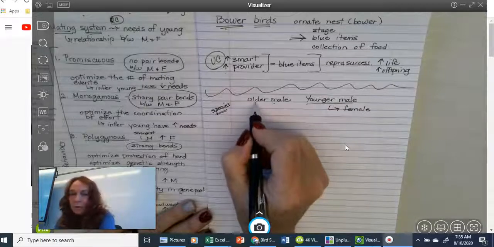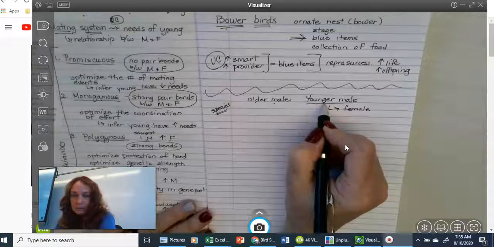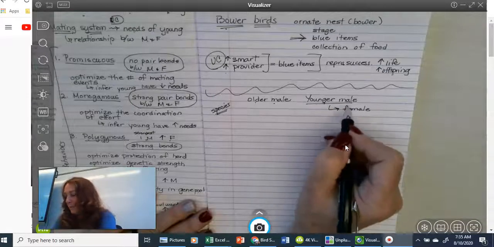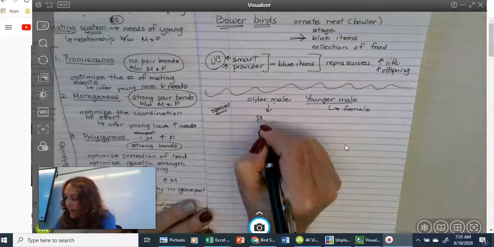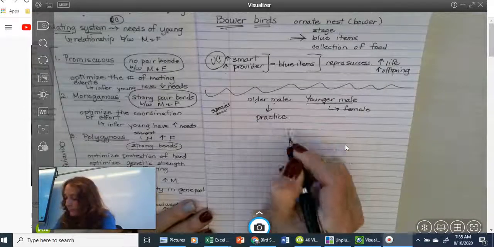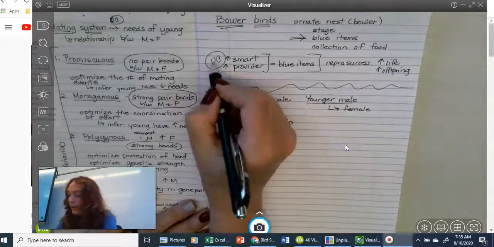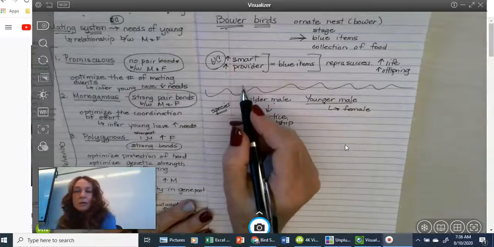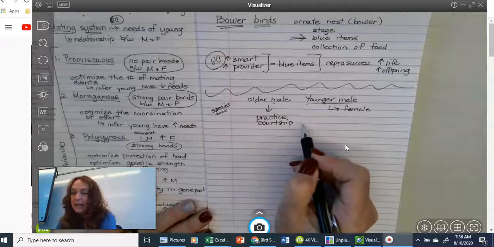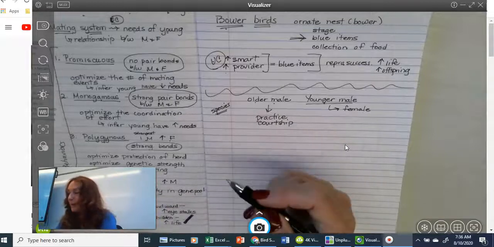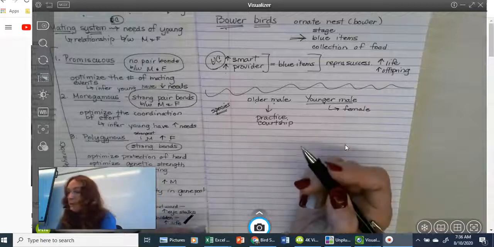First of all, the older male is not going to chase off the younger male because he looks at this as, you look like a female, I'll just practice on you. So he's going to practice his courtship. So how would that ultimately be a behavior, because it is what happens if it's maintained in a system, which is an evolutionary system, there has to be a benefit to it. What's the benefit to it?